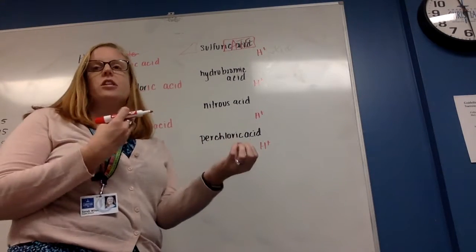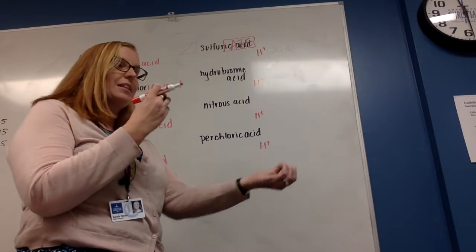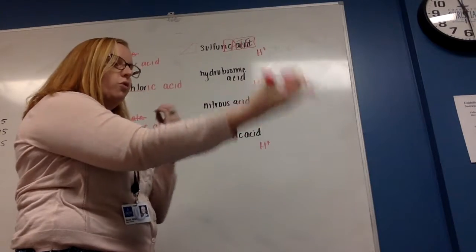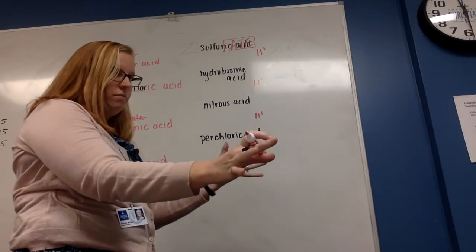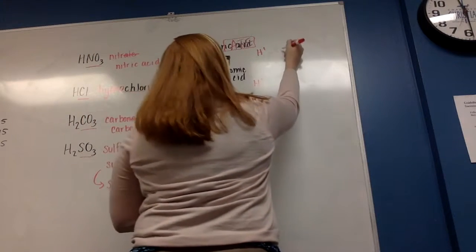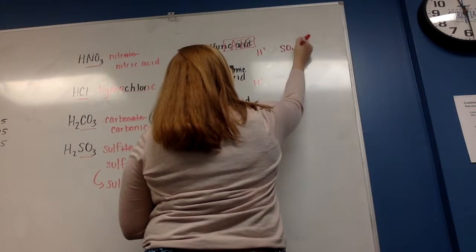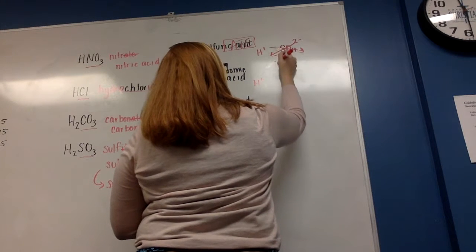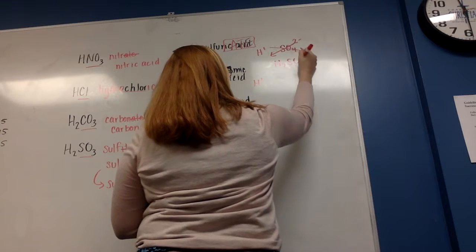That's the only connection that you have to make, that leap from phosphorate and sulfurate to phosphate and sulfate. That's the only disconnect, okay? So then sulfate is SO4 2 minus. You're going to crisscross: H2SO4.